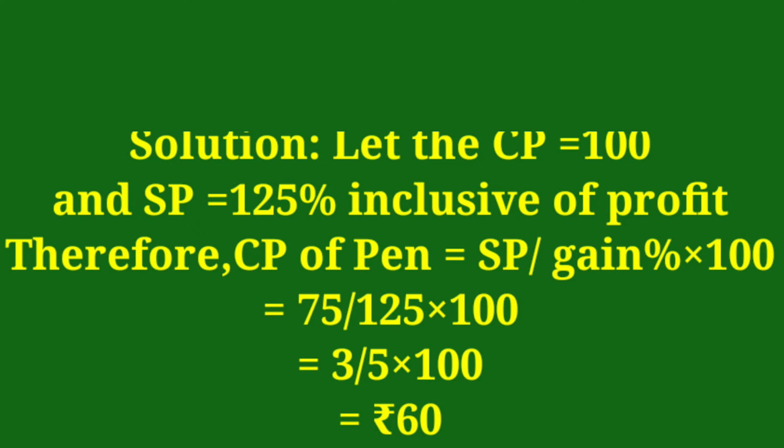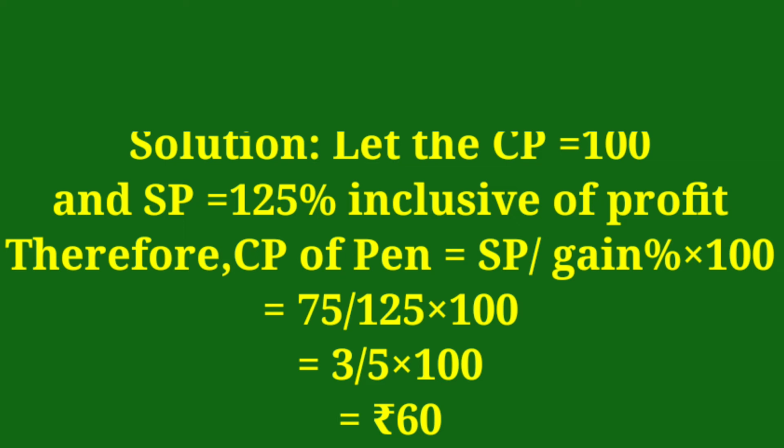So 75 by 125, if you cancel by 25, then 3 by 5 into 100, and then rupees 60 is your answer. That means CP is your 60 rupees. Okay. He sold it for 75 rupees, thereby he got 25% profit.